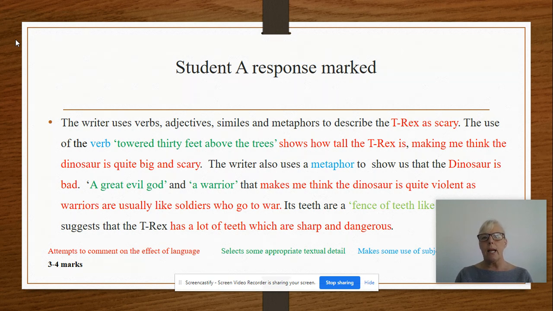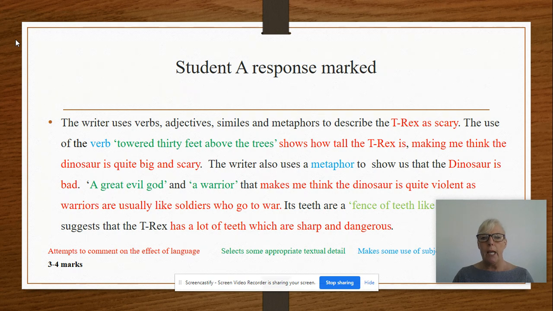And can you understand why that would probably score 3 to 4 marks? It's a good, solid attempt. However, it's not quite good enough to get into, as far as I'm concerned, a safe grade 4 pass. We need to do a little bit more than that.